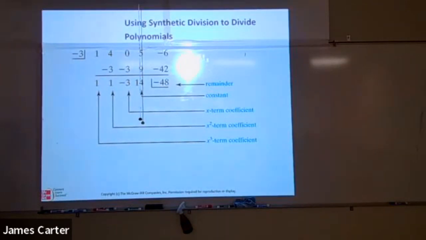Schönheit, as my German ancestors would say. Okay, so here you see we've got 1 degree less than we started.